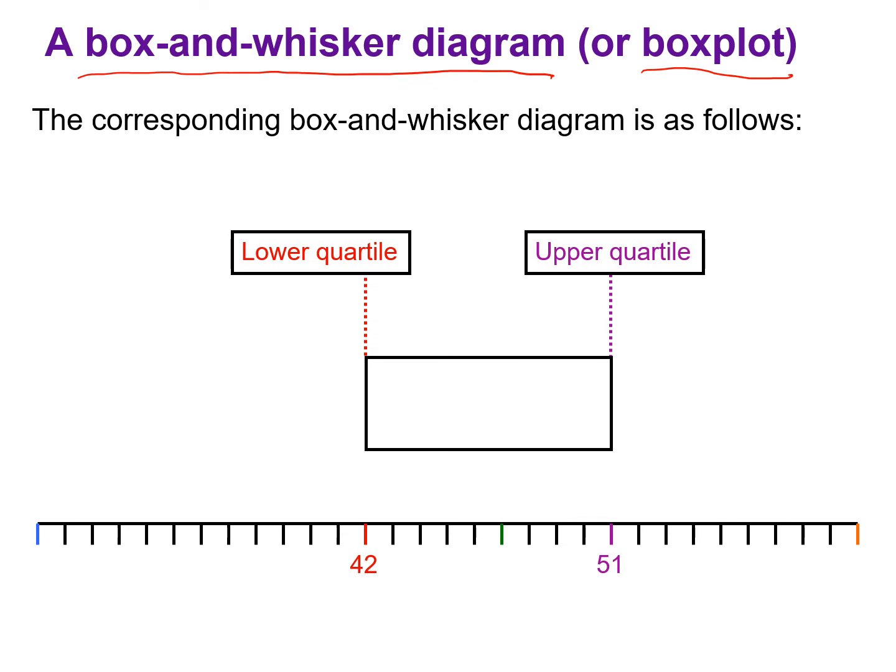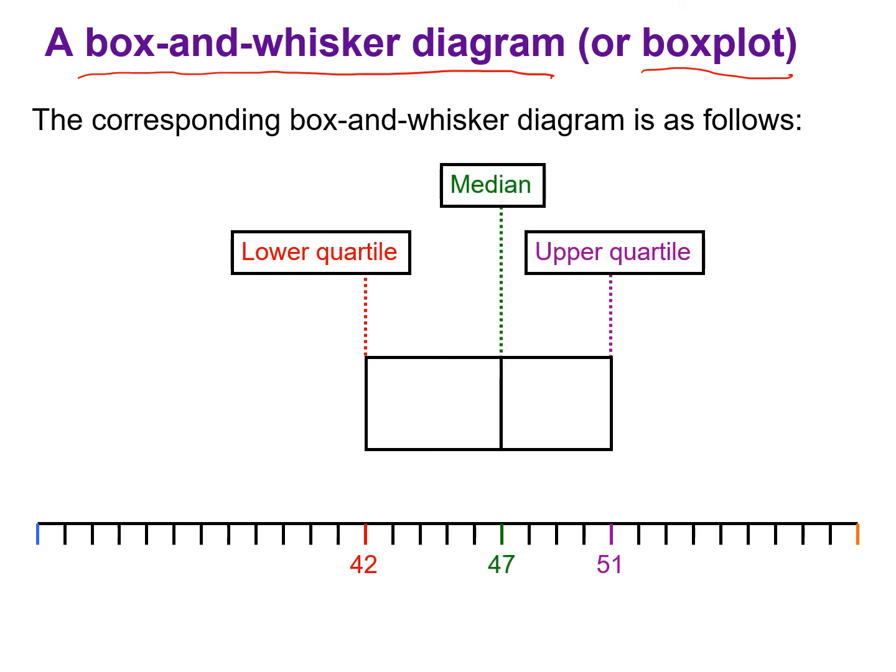So that makes the length of your box. If you think about it, the length of your box is actually your interquartile range. So if you have a bigger box, it tells you that the middle 50% of the data is more spread out. If it's smaller, it tells you it's more close together. So that's the box.